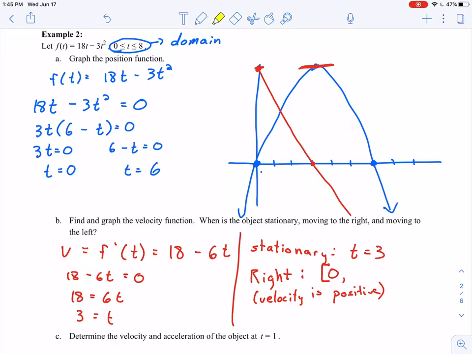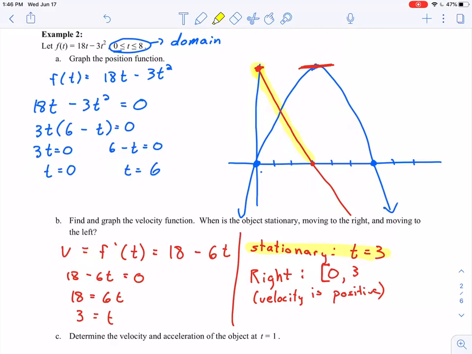And then when does it stop being positive? So it starts right here. It's positive anywhere it's above the x-axis. So it stops right here at t equals 3. So from 0 to 3. Now, is the velocity positive at 3? No, because we said it was stationary. If it's stationary, it can't also be positive. Stationary means it's stopped.